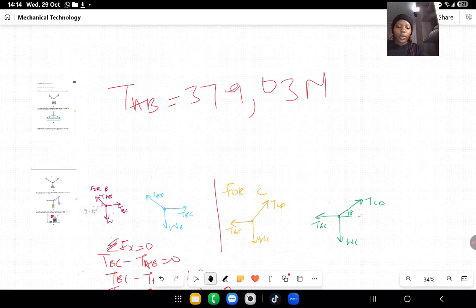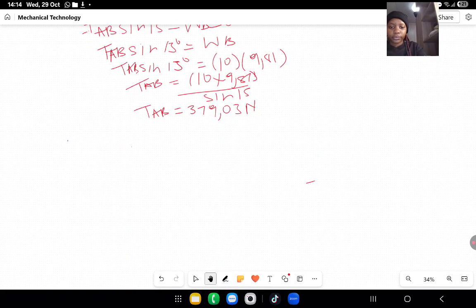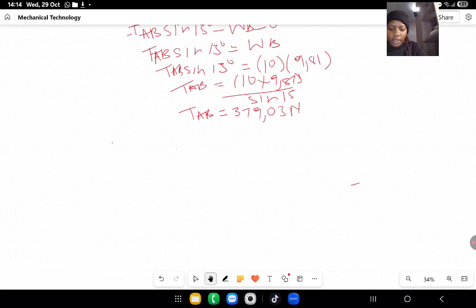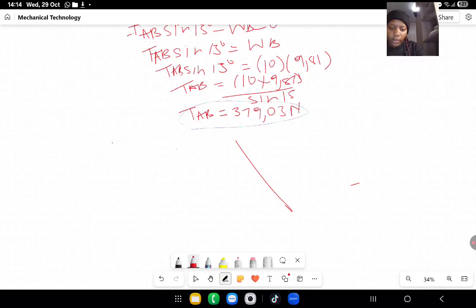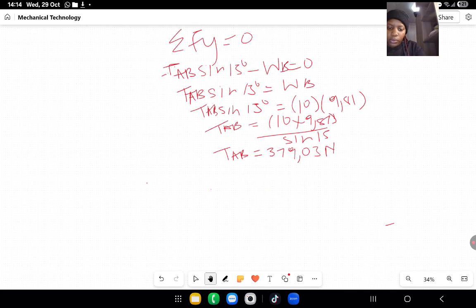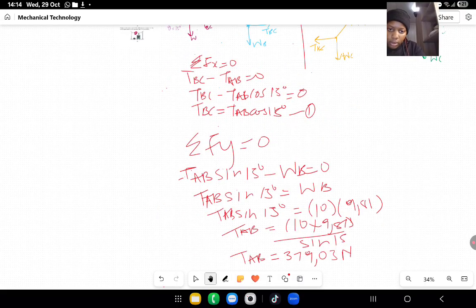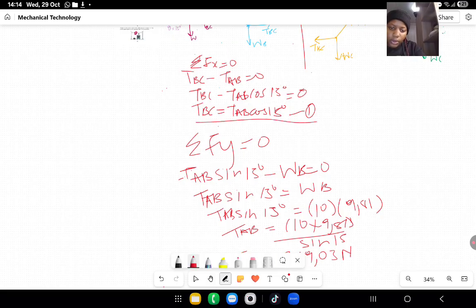Now since we have this, we can substitute it into our equation 1, which is TBC equals TAB times the cos of 15.